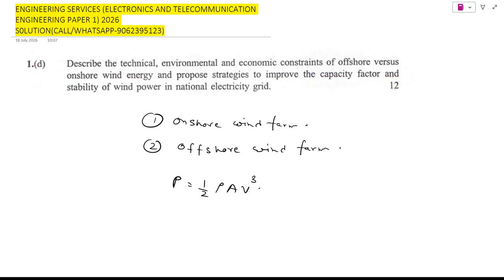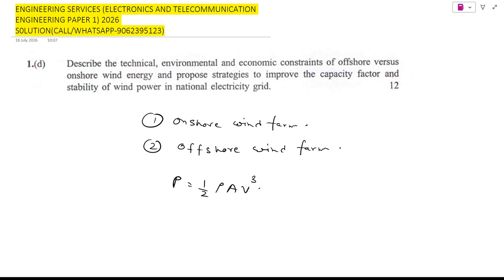Okay. Now, what are the advantages of the onshore wind? Look, there are several advantages like lower installation cost, lower transmission cost, maintenance is cheaper. And what are the disadvantages? Lower energy generation due to the variable winds. Okay.